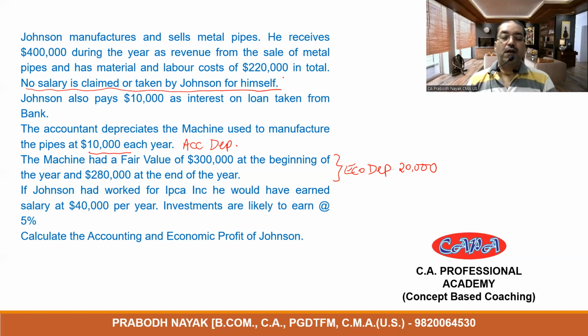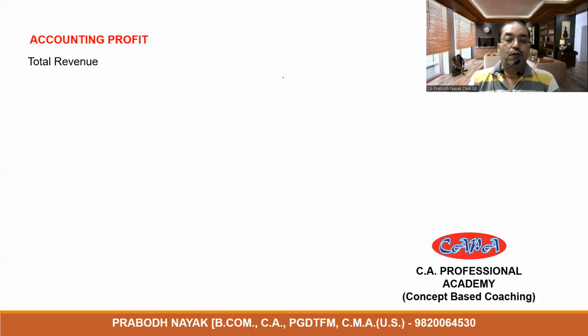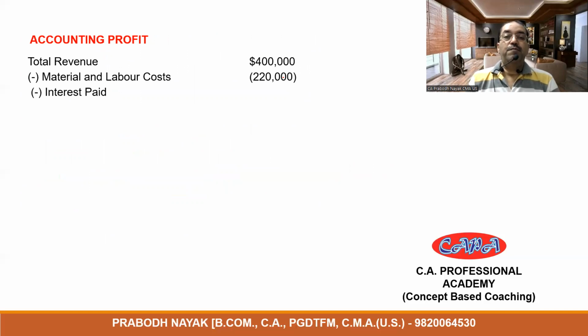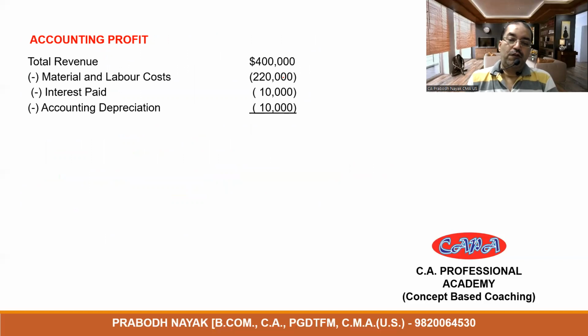Okay, so let us work out the accounting profit and the economic profit. We'll start with the revenue of $400,000. Minus from that, the material and labor costs of $220,000, interest paid on loan taken for business purpose $10,000, and accounting depreciation, as per the accountant, $10,000.